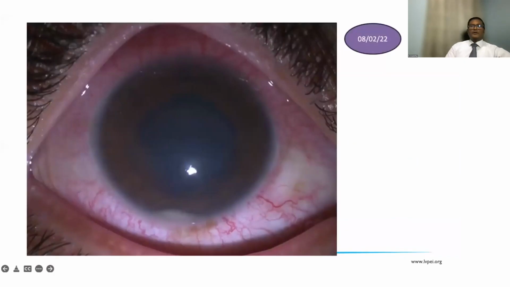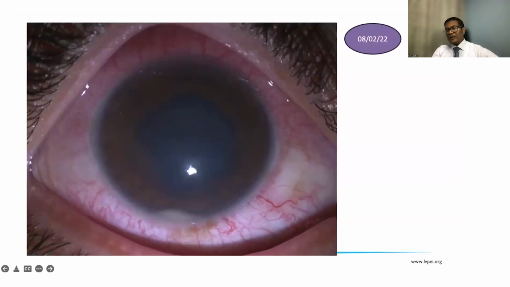So we'll start with a couple of cases just to give a perspective of how microbial keratitis presents in our part of the world. This was a young patient, in the third decade of life, who sustained a minor trauma in his eye with a hand. The eye had blurred vision, some faint corneal edema and a convex hypopyon.